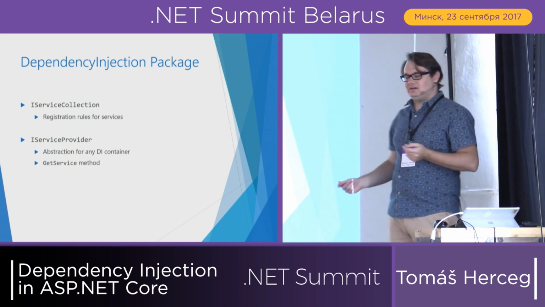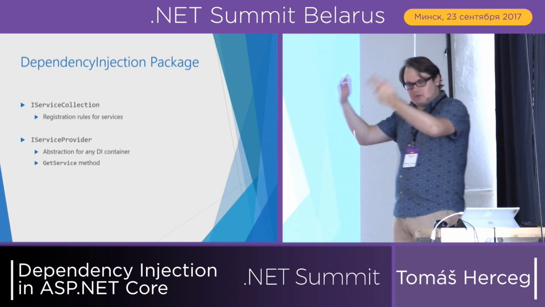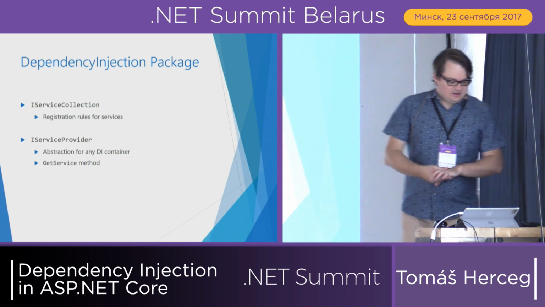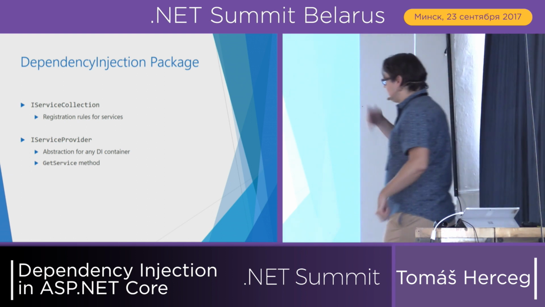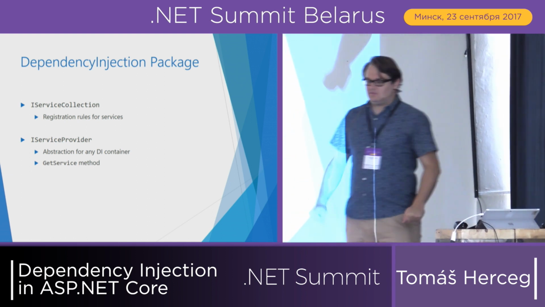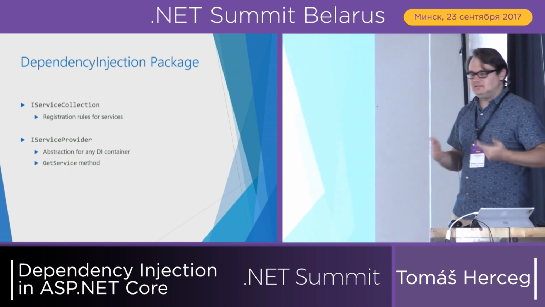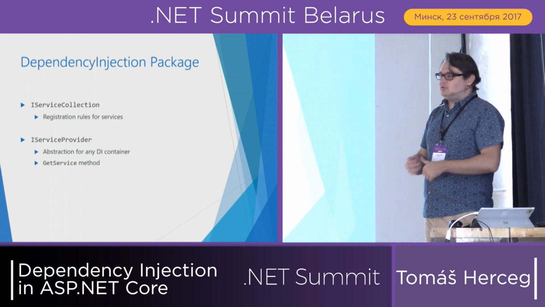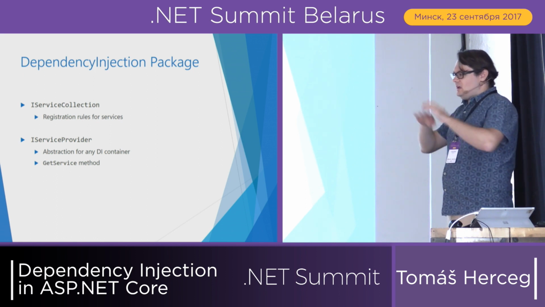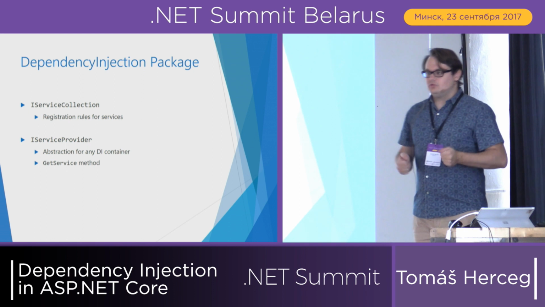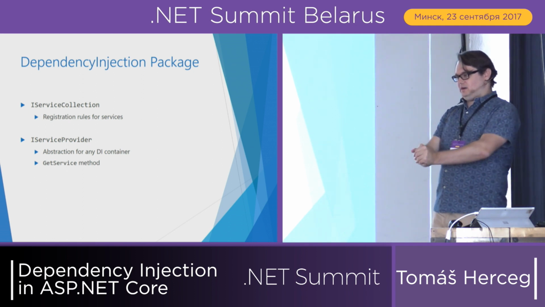It's something like a dictionary of factory methods for the individual components. The IServiceProvider has one method called GetService, and you specify the type and you will get the instance. And that's what library authors need, because they can use any container or allow you to supply your own.